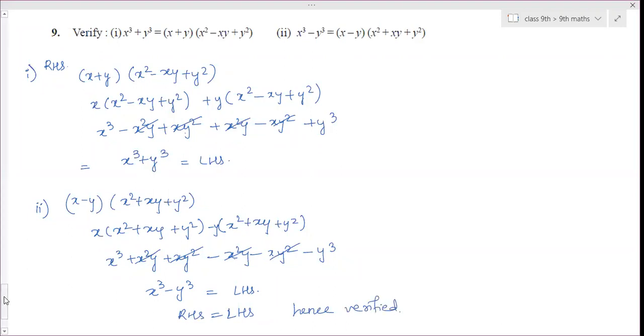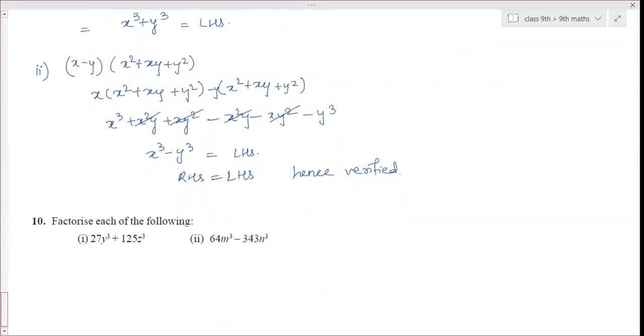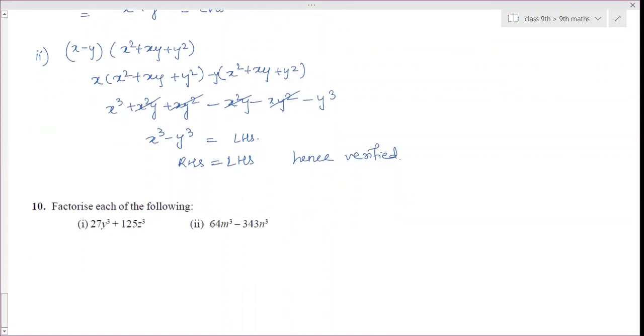Okay, clear? Now these two factorization properties we have to use for the next, 10th question, where that is the method of factorization. So this is in the form of a cube plus b cube, 27y cube plus 125z cube.